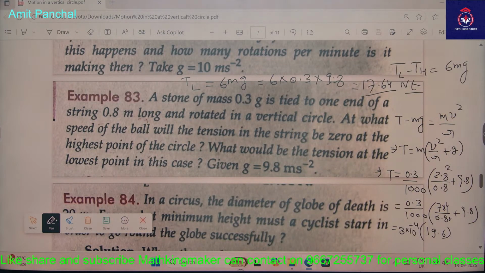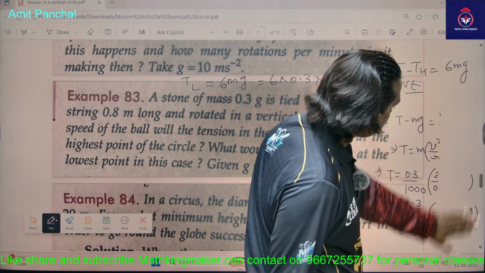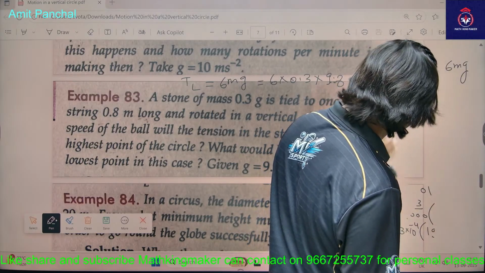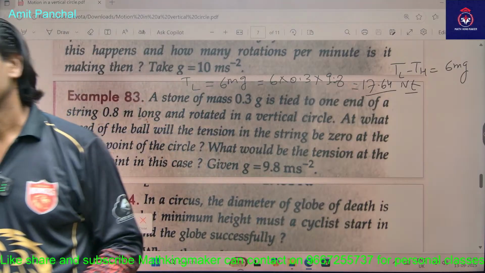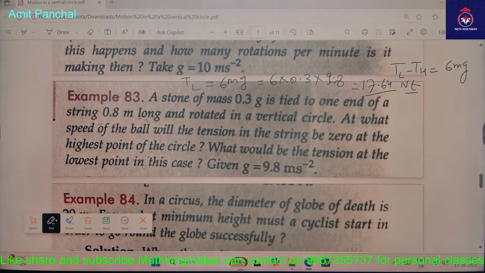The velocity at top we found is 2.8, so we can't use it as the velocity at bottom. Got my point? Yes.